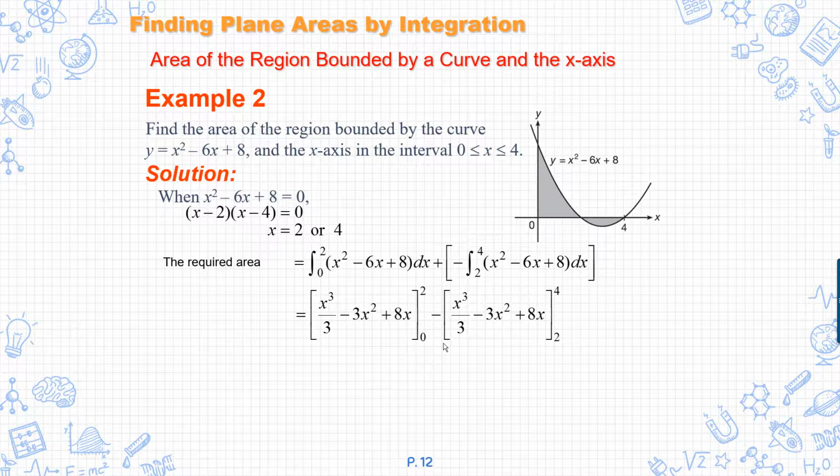Yeah, the integral of x square is x cubed by 3, while minus 6x gives 3x square, while the integral of 8 is 8x. Doing the integral between the intervals, putting lower and upper values precisely, we are going to get 20 by 3 as the first integral, while minus 4 by 3 as the second integral. Finally, after doing a bit of calculation, we'll end up with the right answer, which is 8.